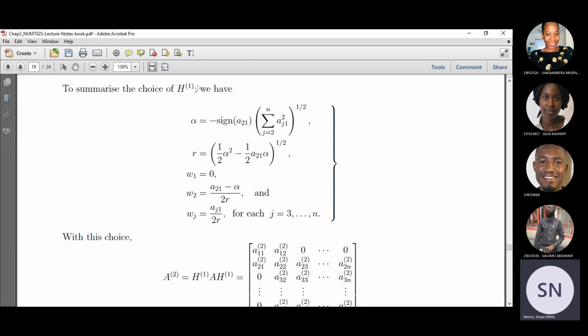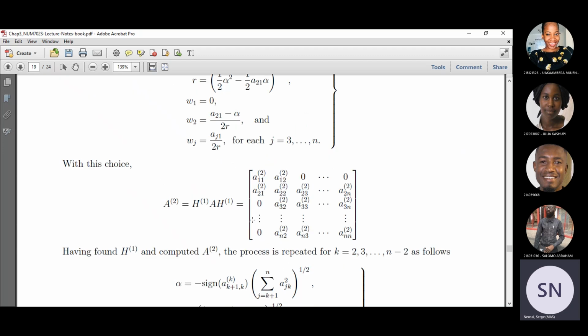That is for H1. For H2, we will proceed, because remember that with H1, when we apply H1 to A, we zero the entries in the first column and first row. Remember, symmetricity property will give you 0 here and there simultaneously. Because we multiply here, multiplication on the left will 0 here, and multiplication on the right will 0 here.